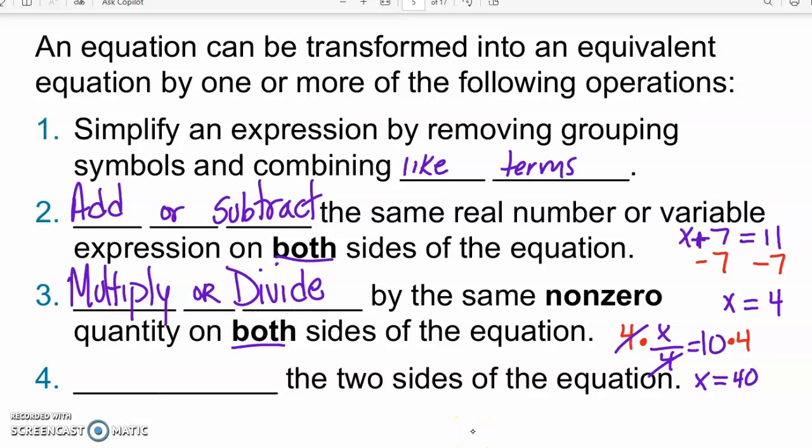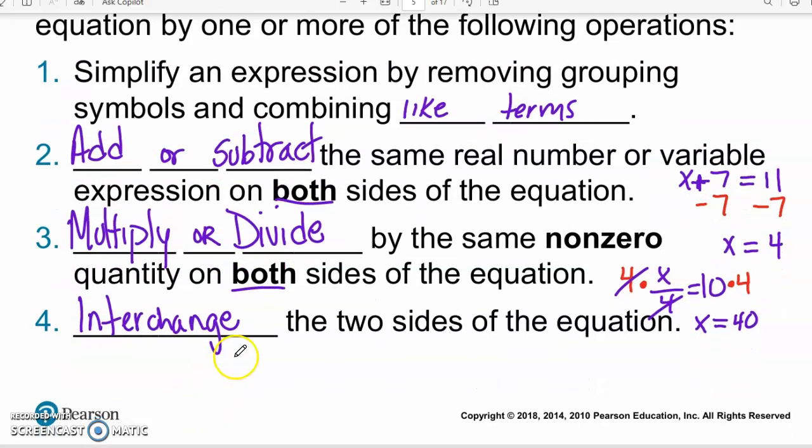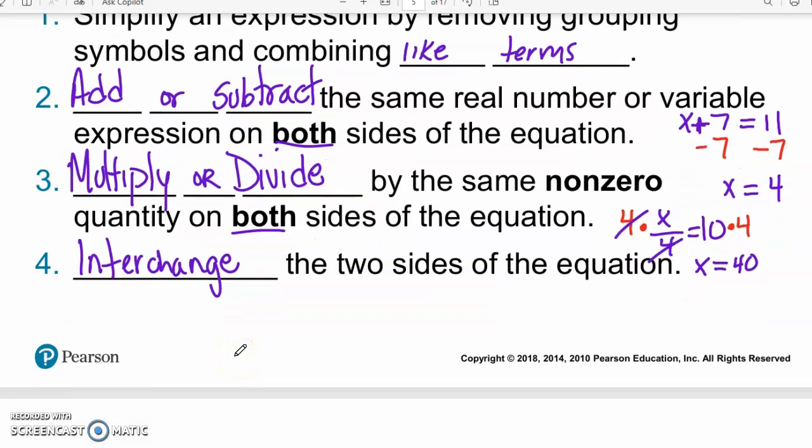And then the last one here, it says you can interchange the two sides of the equation. And we saw this in the last unit when we were finding the inverse, I was saying that you can swap the two sides. When you ended up with a y on the right hand side, you could swap the two sides.